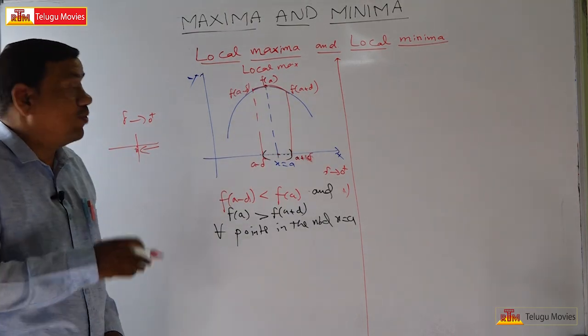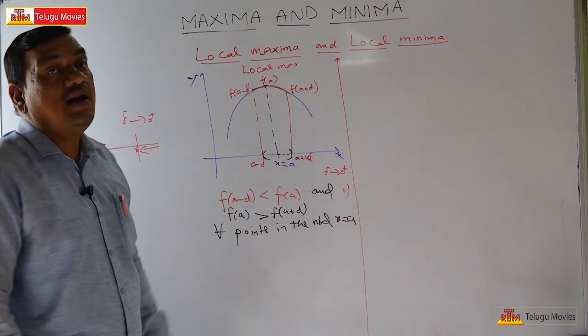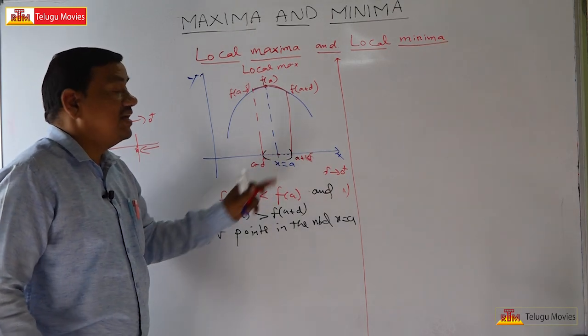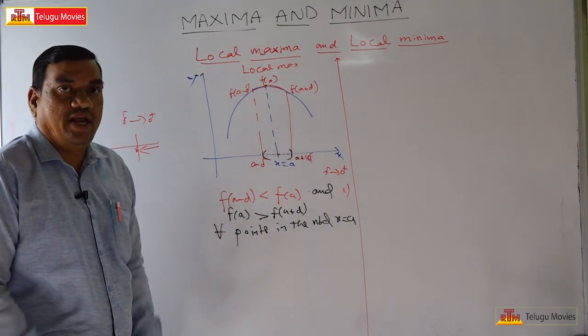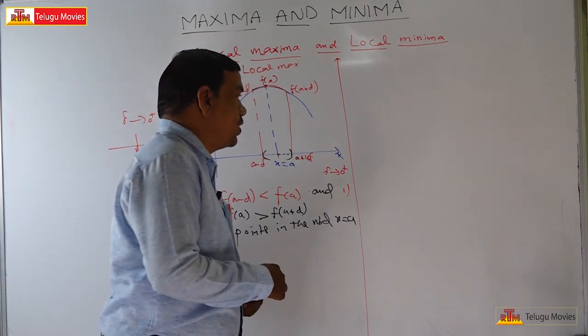Then the point x is equal to a is called a local maximum of the function in the neighborhood of x is equal to a. Now, what is a local minimum? Let us see the local minimum value.